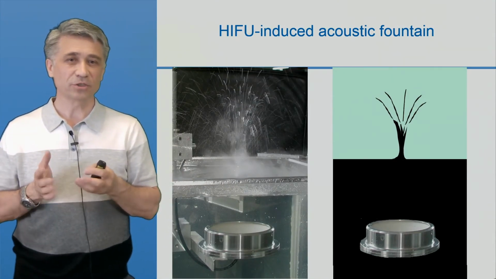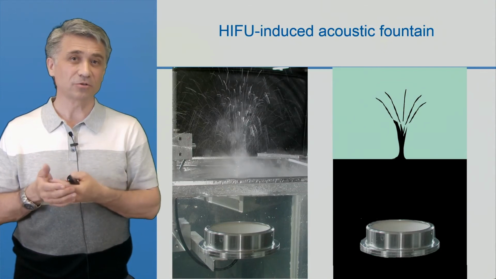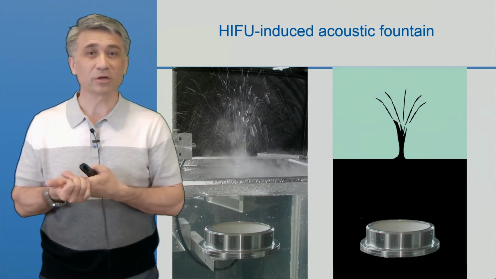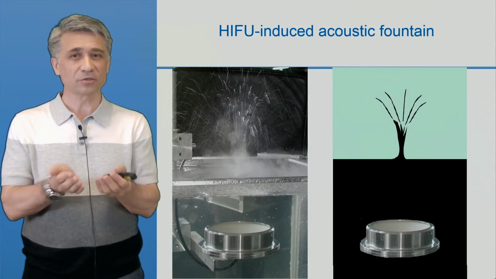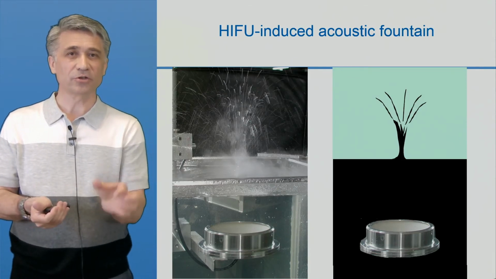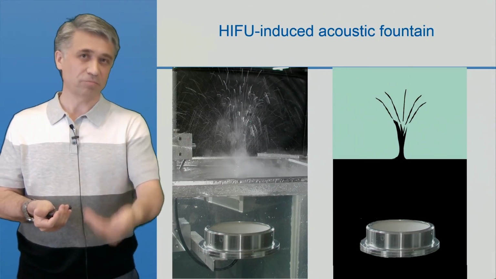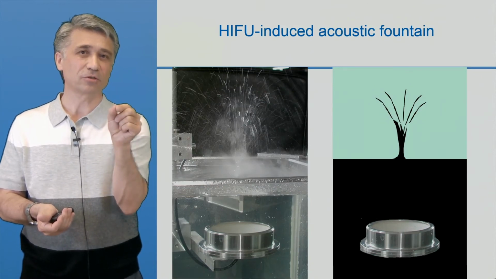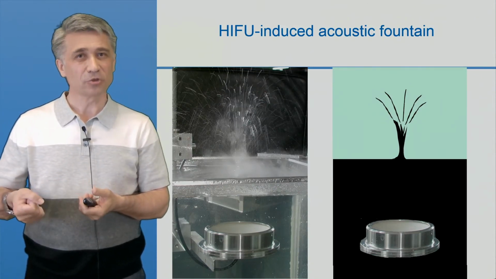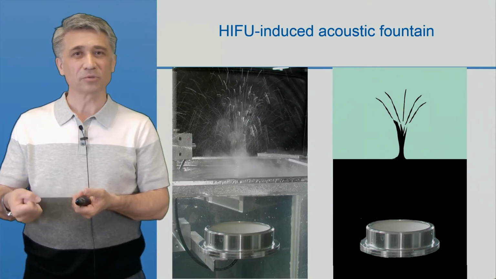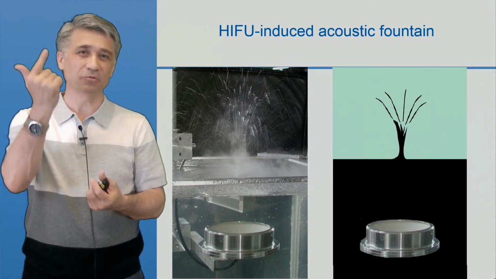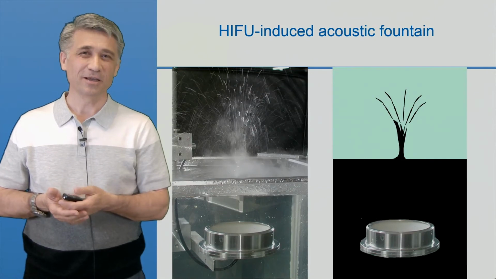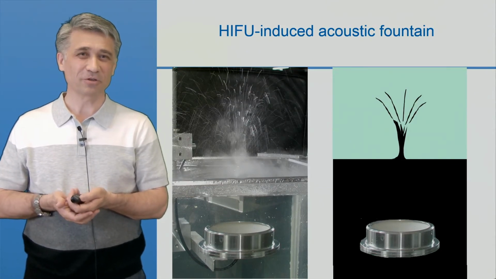One effect which is quite interesting and easy to see is the so-called acoustic fountain. If you take a source, place it in water and direct it to the water surface so that the focus is on the surface, and you turn on the power, starting from some power you'll have a jet which goes up from the surface, and this is the so-called acoustic fountain.